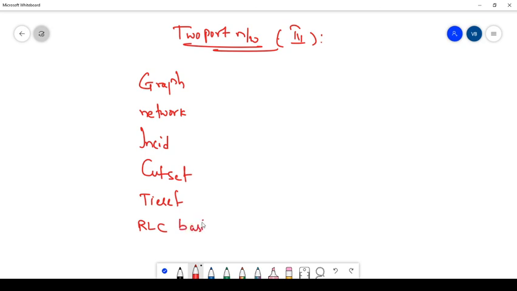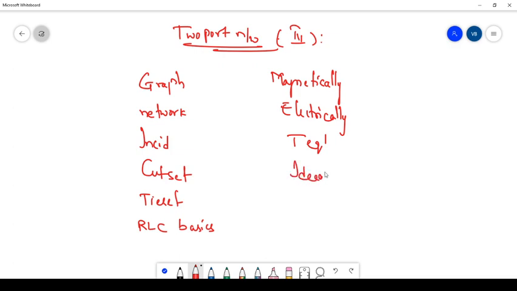Then totally, magnetically coupled circuits you learned: magnetically coupled, electrically coupled, T equivalent circuits, the ideal transformer, self inductance, and mutual inductance. So you learned all these topics in the first chapter.